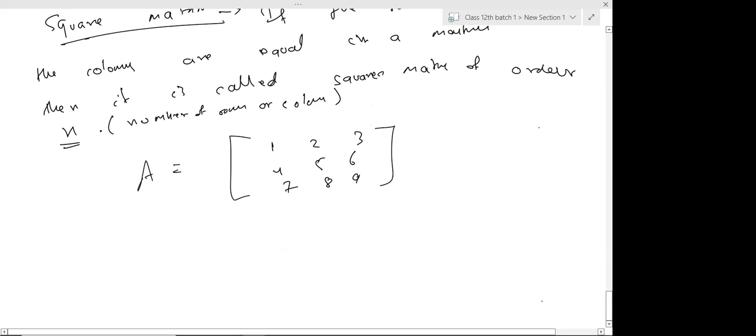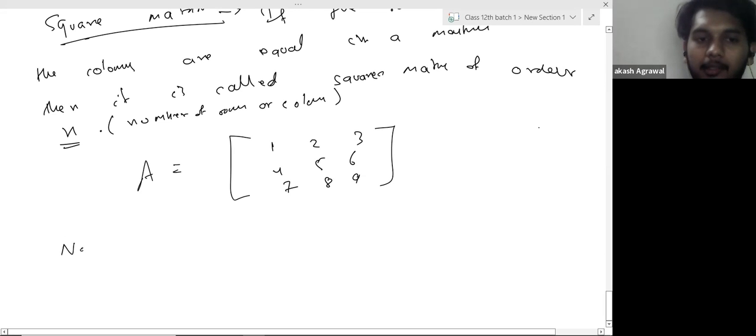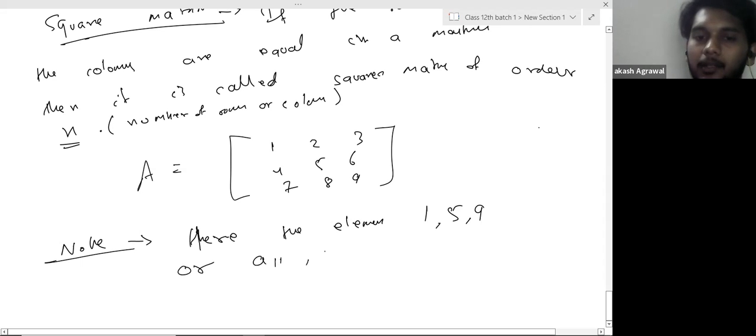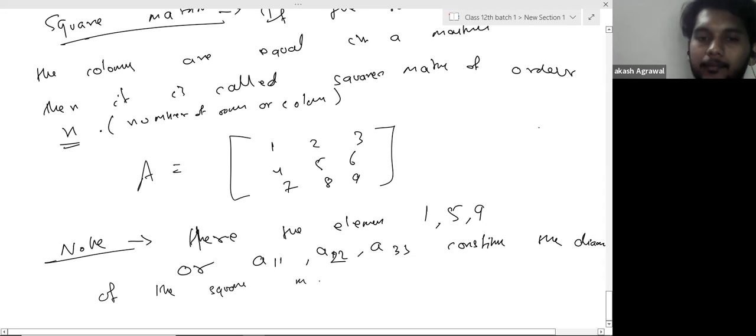One note, which I told you earlier: here the elements 1, 5, 9, or A11, A22, A33, constitute the diagonal of the square matrix A. These are the diagonal elements.